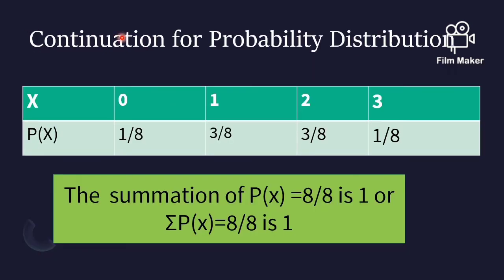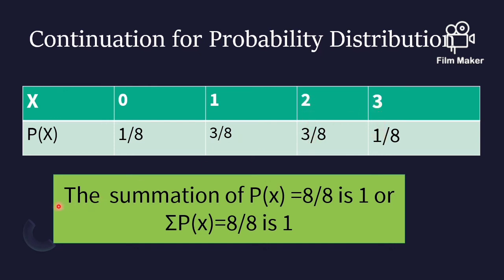So, continuation of the probability distribution. Again, for X, we have 0, 1, 2, 3. So we have P(X). For 0, again, it's only 1 over 8. For 1, it's 3 over 8. And then for 2, it's 3 over 8. And then for 3, it's 1 over 8.